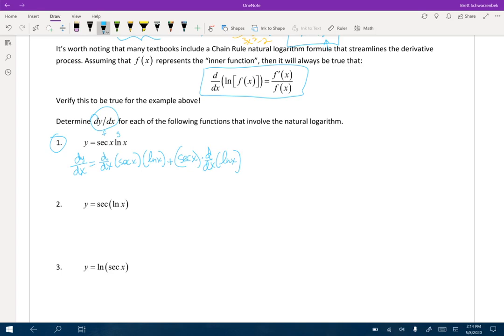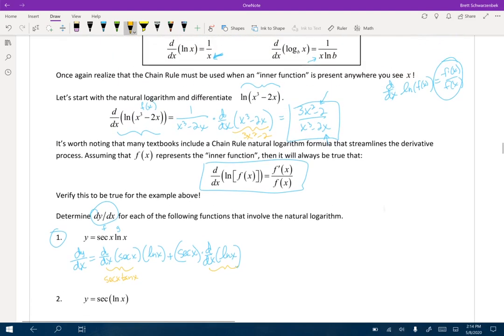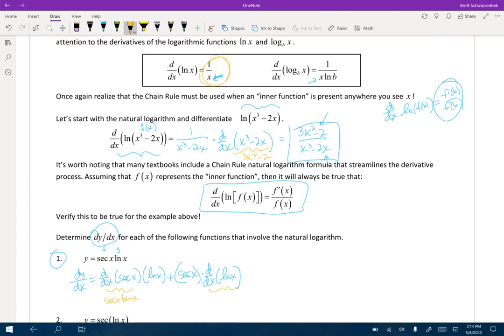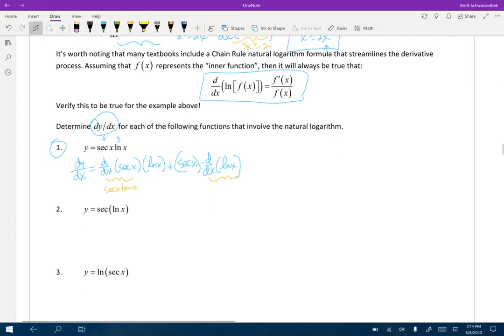A lot of times I show you we do a little bit of a shortcut. Now what's the derivative of secant? You probably haven't seen that in a long time other than random lab and homework problems. The derivative of secant is secant x tangent x. You should know that by heart. If you don't, get on that. What is the derivative of the natural log? There is no inner function, so the base derivative of a natural log is just 1 over x.